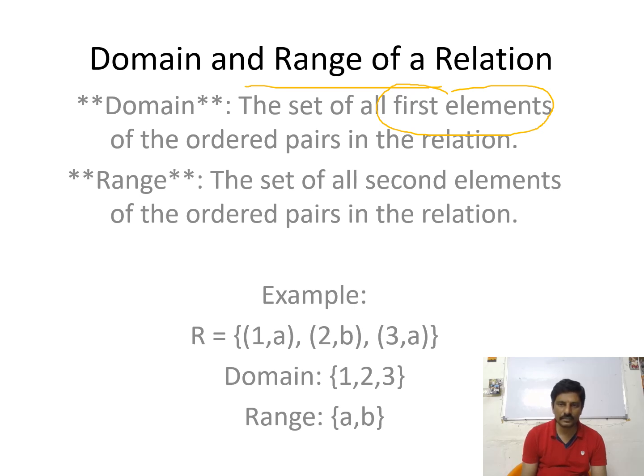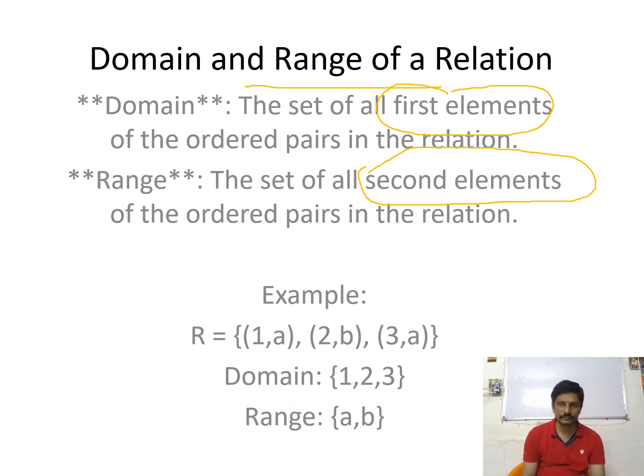For example, if we take R as (1, a), (2, b), (3, a), then the first elements are 1, 2, 3. Therefore 1, 2, 3 is the domain. What are the second elements? a, b, a. Therefore a, b is the range of this relation.